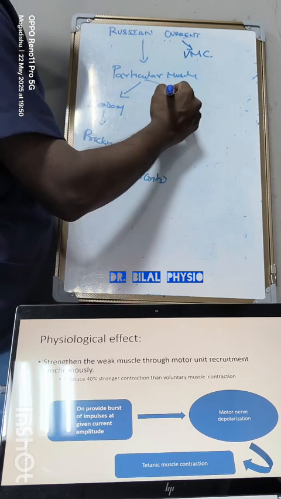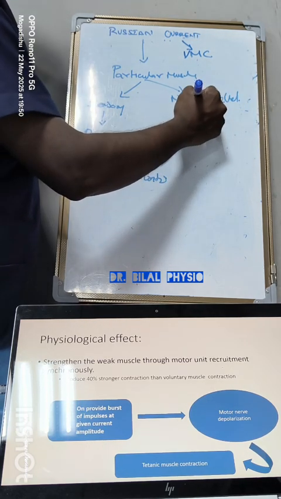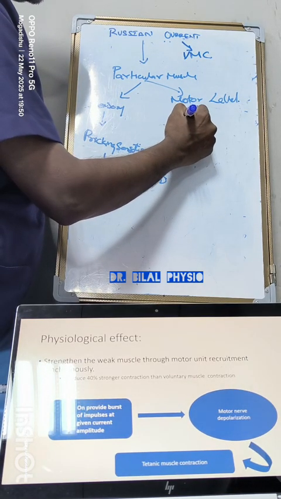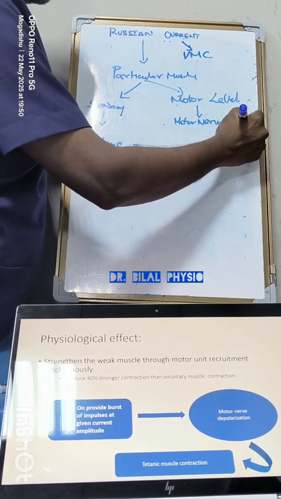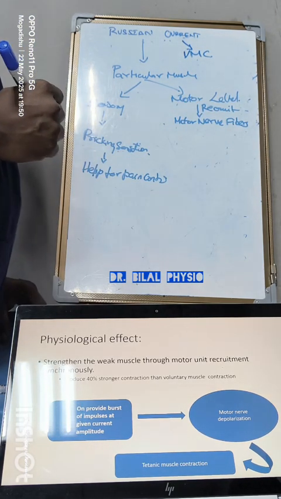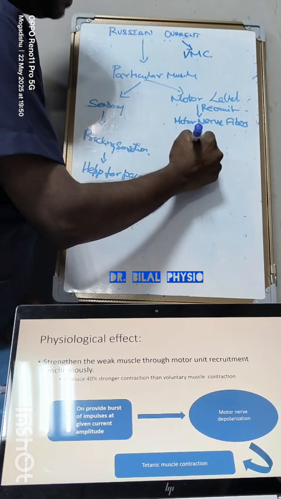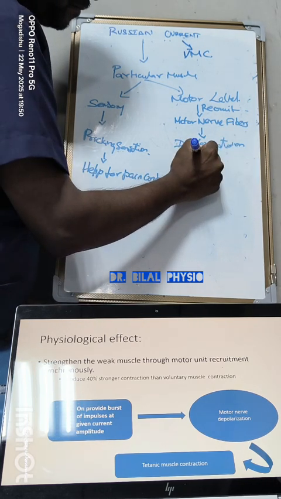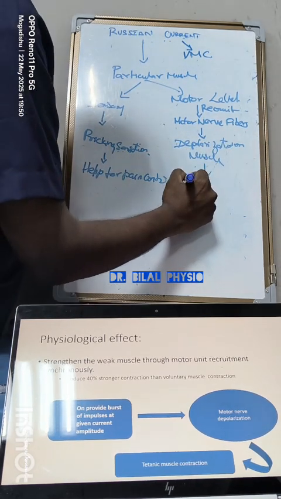At a motor level, it recruits a larger number of motor nerve fibers, hence causes the depolarization of the muscle, followed by the muscle contraction.